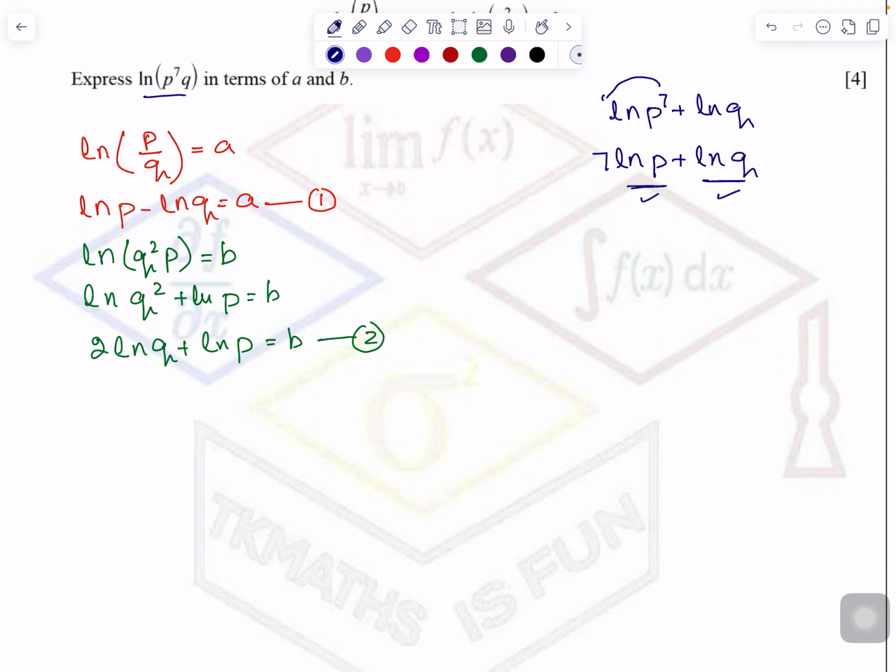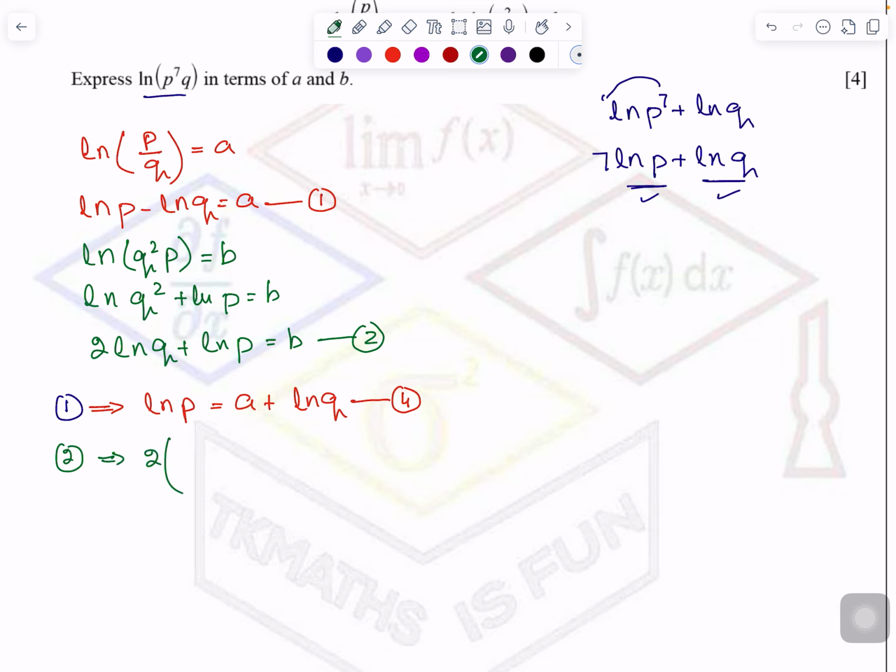which we will substitute here. So from equation 1, I am making ln p the subject. It will become a plus ln q, right? Calling it equation 4. And then again from equation 2, I am going to substitute the value of ln p here.